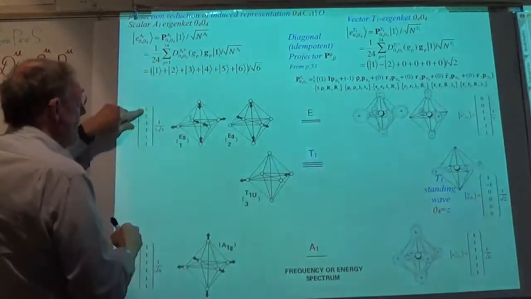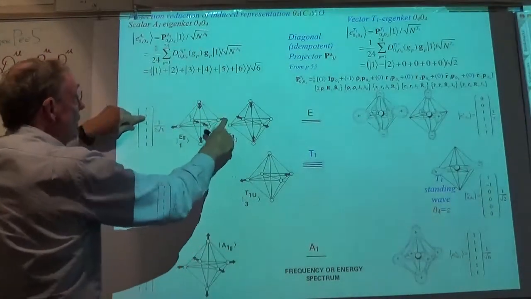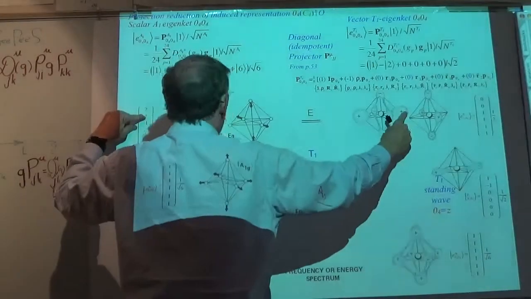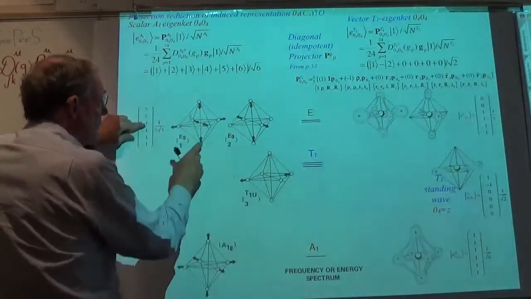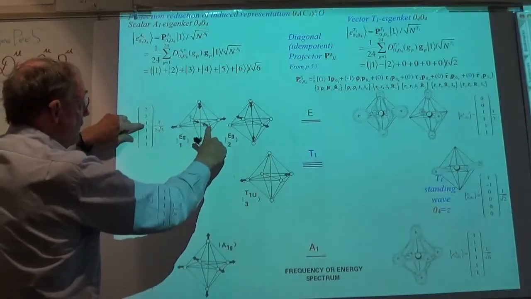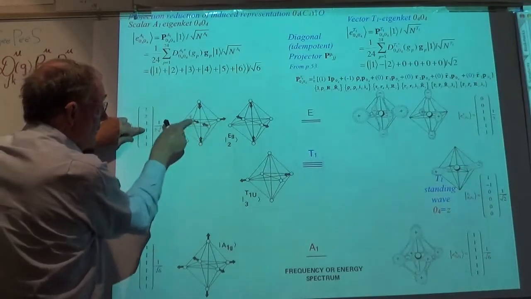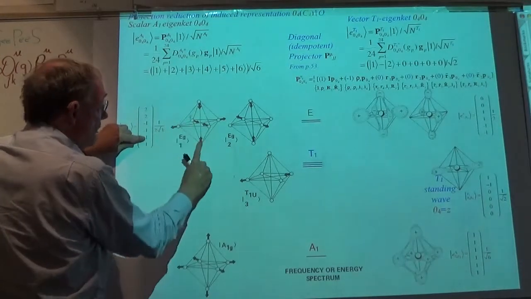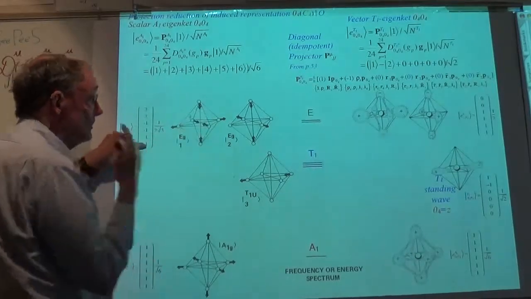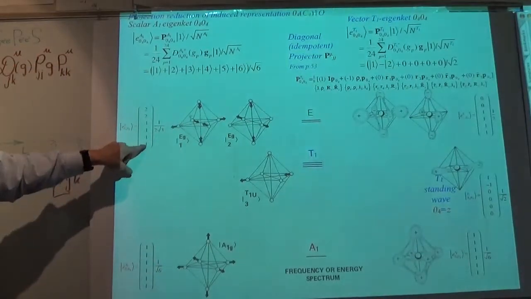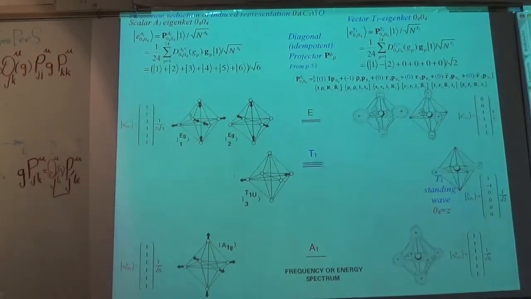Then this guy's also plus 2. Okay. Then all the others, 3 is minus, 4 is minus, 5 is minus, 6 too, you got it? I was confusing the 1, 2, 3, 4, 5, 6 with the axes 1, 2, and 3. Does that make sense? Yeah, I see. Okay.